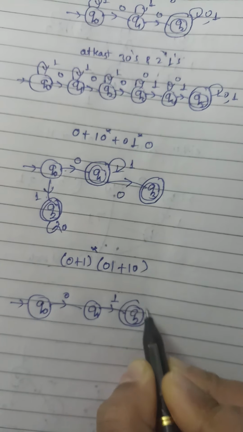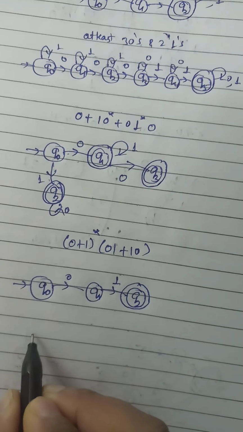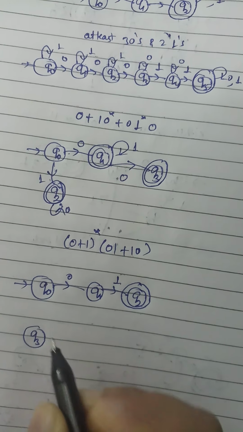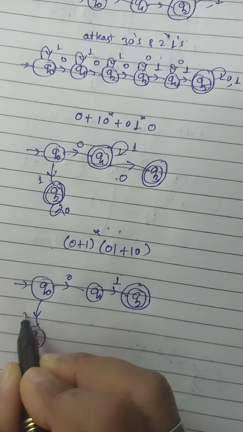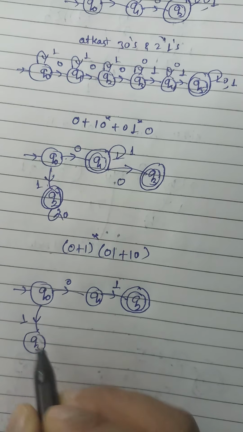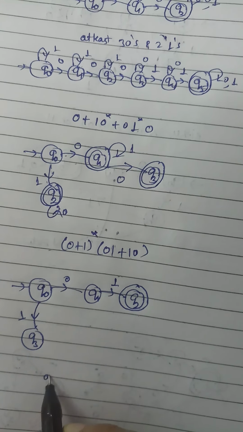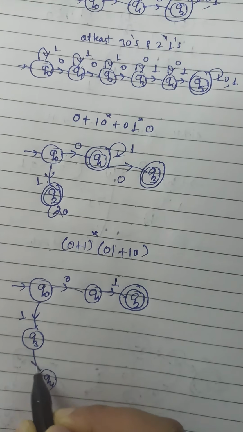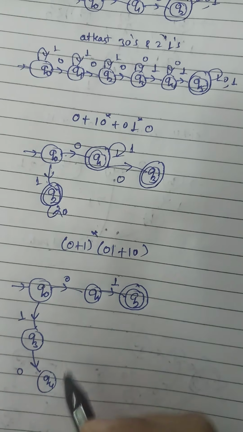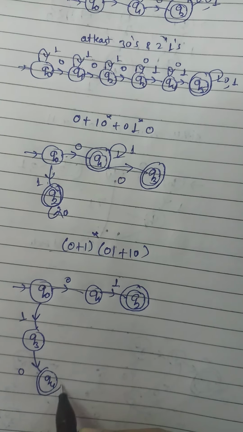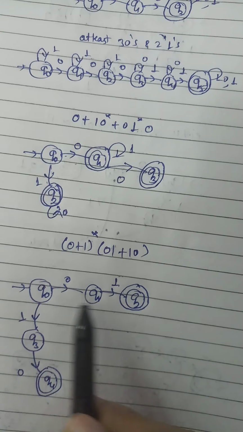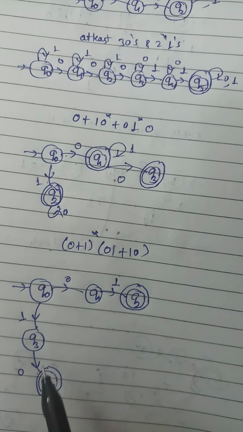So we will make Q2 a final state, Q3 on 1, and Q4 on 0. So we will make Q4 a final state: 0 1 1 0.